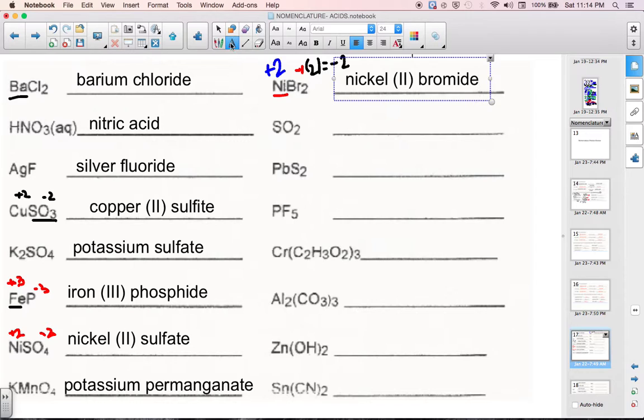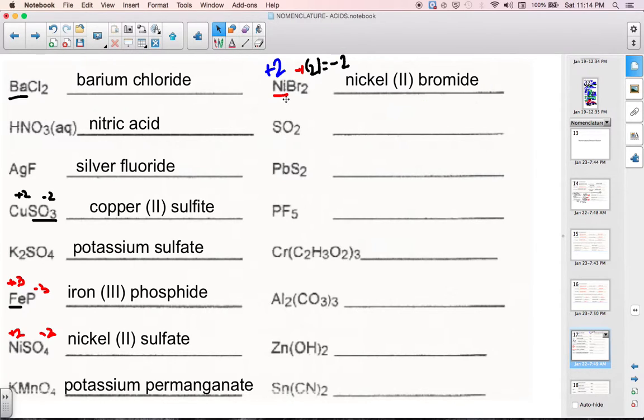The next one, we've been doing a lot of metals here. We've been doing nitric acid, but the majority that we've done so far are ionic compounds. So now here we have SO2. I know that S is a nonmetal, so I know this is going to be a covalent compound.